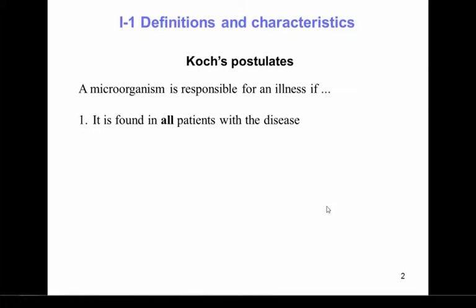So he said that you can be certain that a microorganism causes disease if it's found in all patients with the disease, and of course is absent from patients who do not have the disease, and it's found in the affected organ. Okay, so if you've got a lung pathology, bacteria should be in the lungs, not on the skin or something like that.